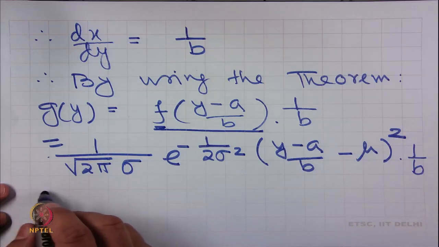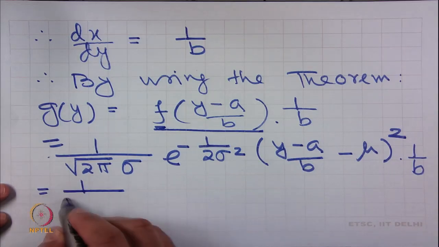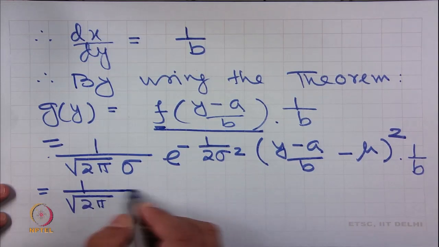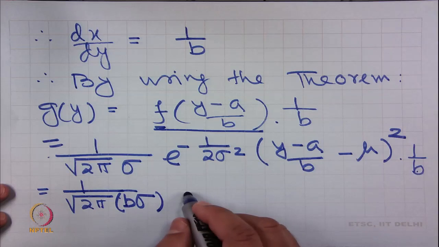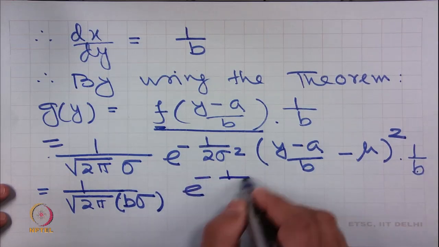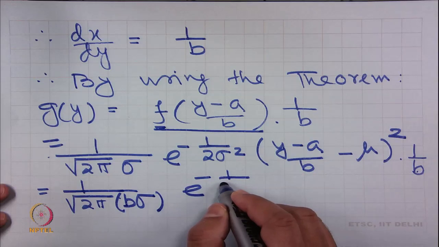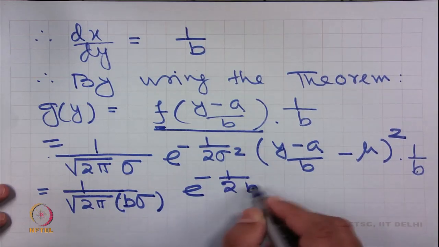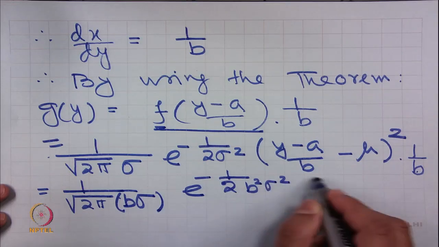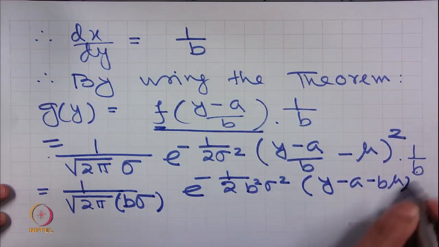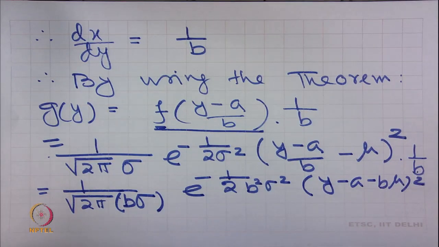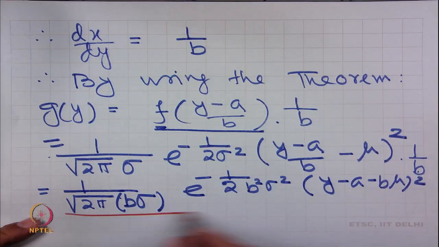This is equal to 1 over root 2 pi into b sigma, e to the power minus 1 upon 2 b square sigma square into y minus a minus b mu whole square. So, we obtain the PDF of y is this.